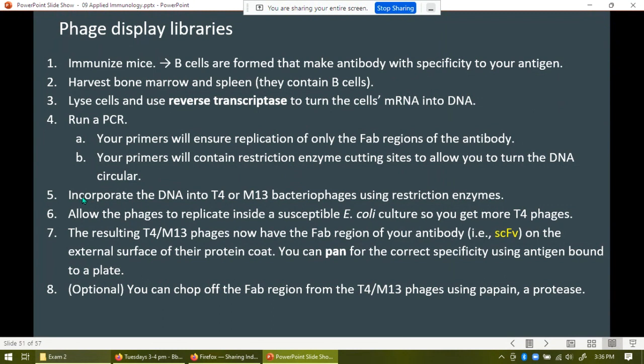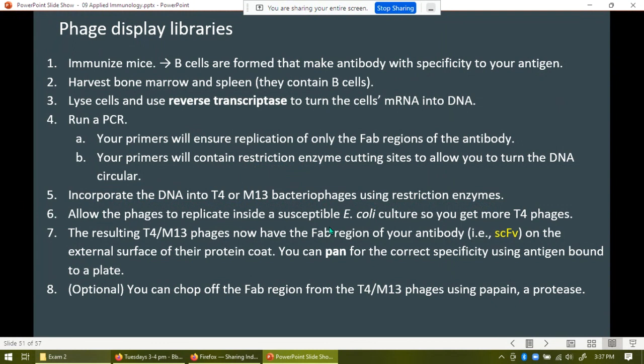Okay? So you incorporate your DNA into a T4 or an M13 bacteriophage using restriction enzymes that were encoded for by your primer. Okay. You can use really any bacteriophage for this. Use any of the T's or M's.